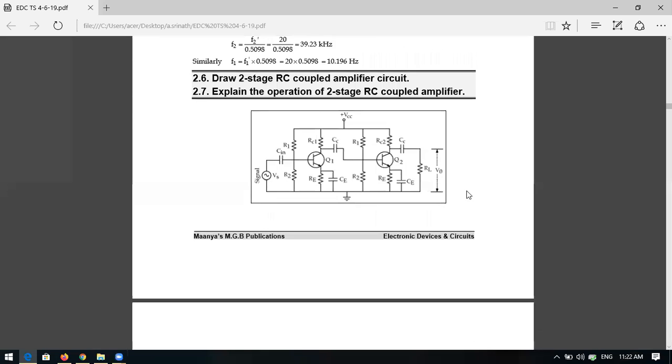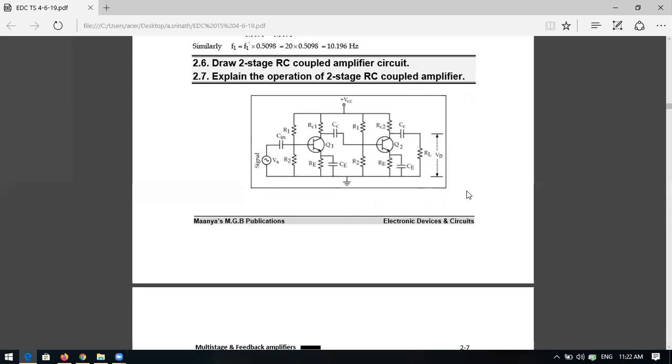Okay. So in the two-stage RC coupled amplifier, we have two stages of CE amplifiers, common emitter amplifiers, connected in cascade with the capacitor in between, through resistors and a capacitor. This is the coupling capacitor.